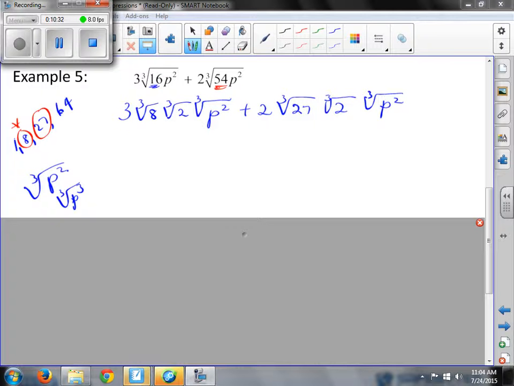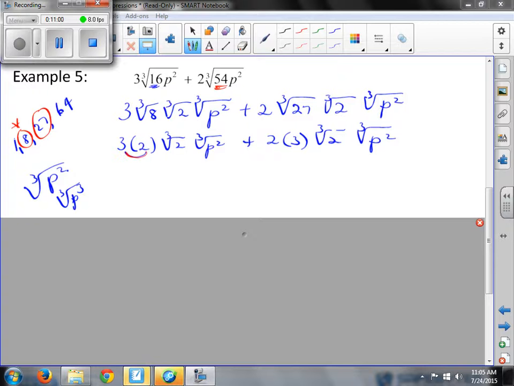So we'll have 3. Now the cube root of 8 turns into 2. So we'll be left with the cube root of 2 and the cube root of p squared plus 2 times the cube root of 27 is 3, and we'll be left with the cube root of 2 and the cube root of p squared. So let's get all the outside parts together and all the inside parts.